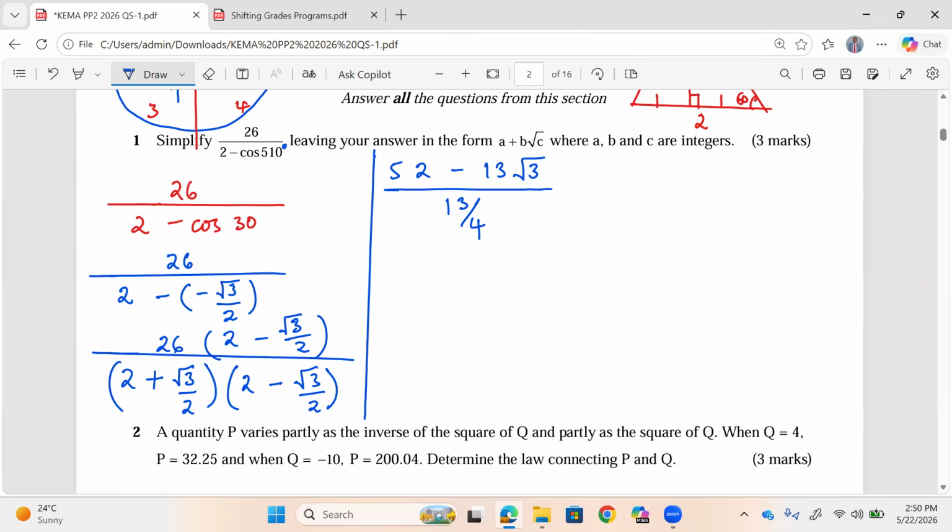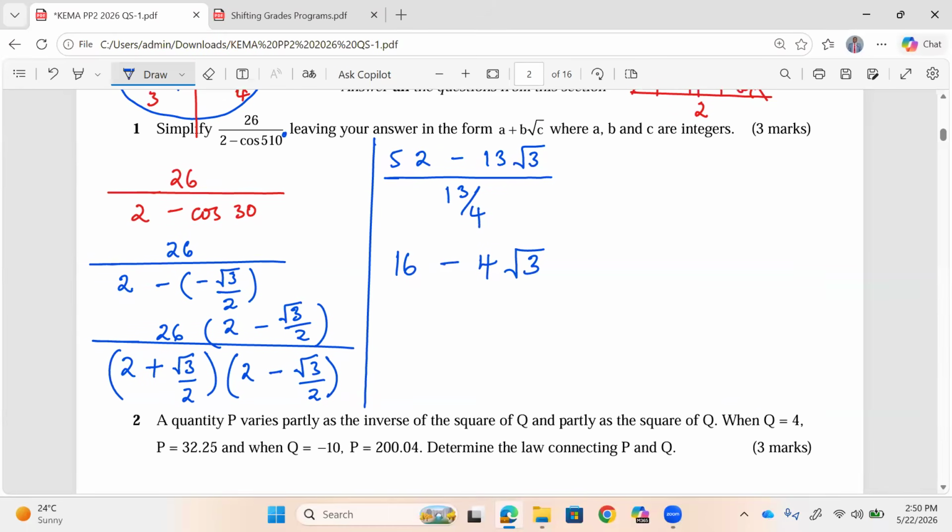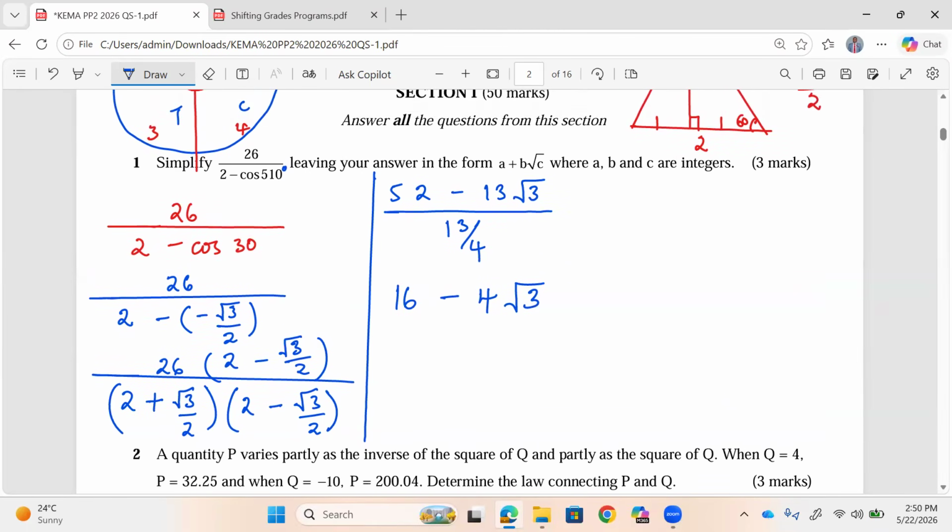And with that, we shall be having 52 divided by 13 over 4, giving us 16, minus 13 divided by 13 over 4 becomes exactly 4, the root of 3. Therefore, the most simplified answer may not be this one, but according to the format at which we're supposed to leave the final answer, this now becomes our final answer.